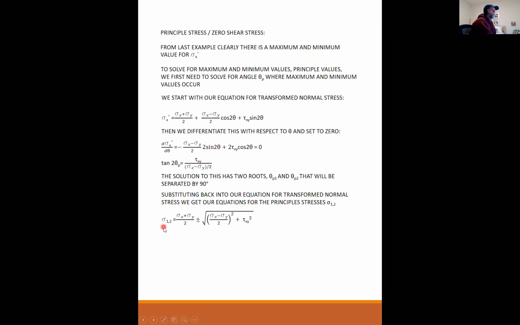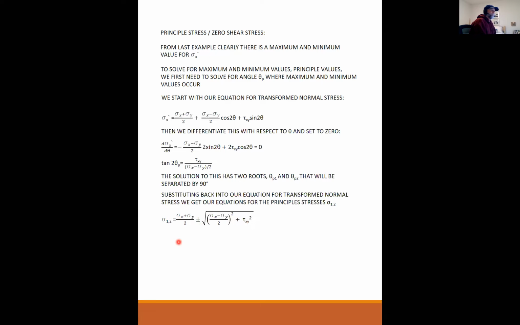So sigma 1, sigma 2 is equal to the average sigma, sigma x plus sigma y over 2, plus or minus the square root of sigma x minus sigma y over 2 squared plus tau xy squared. This plus or minus is what gives you your minimum or your maximum.